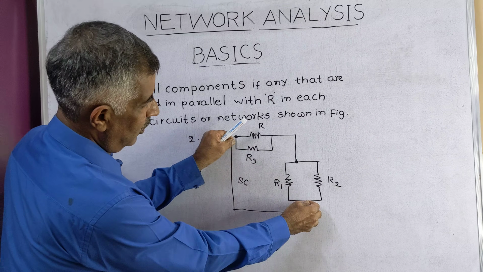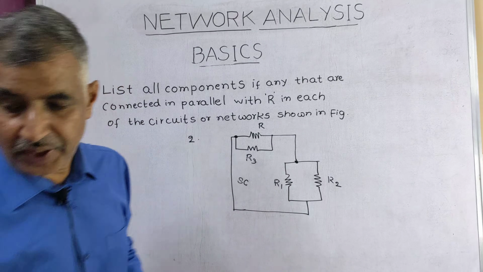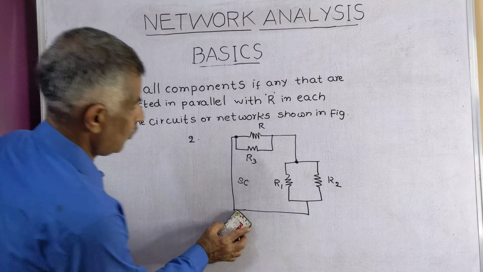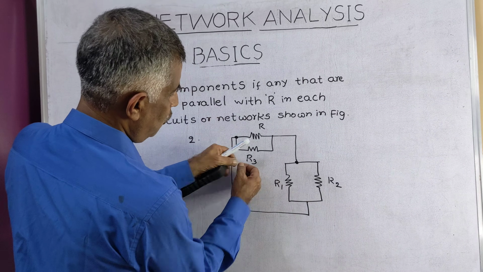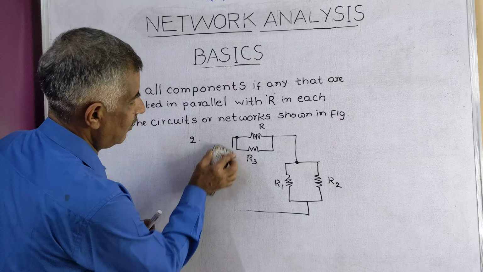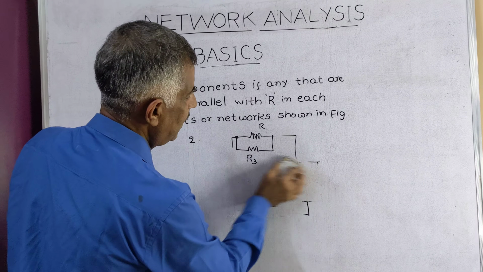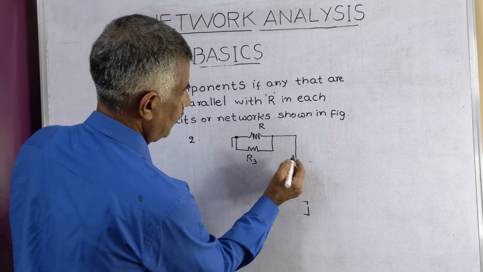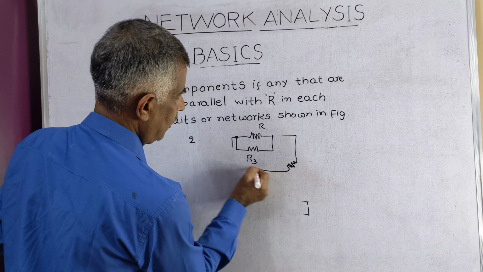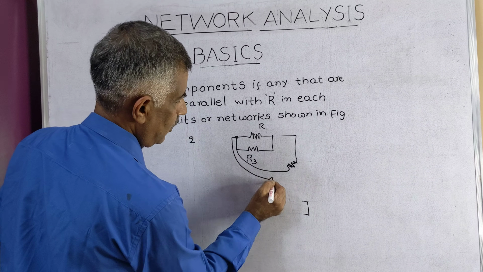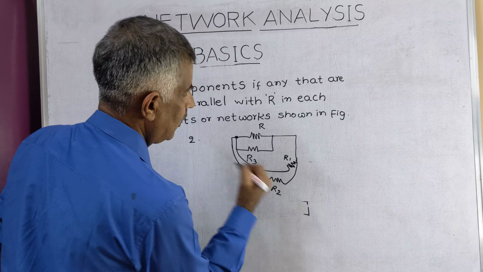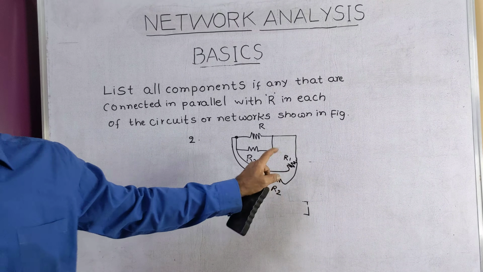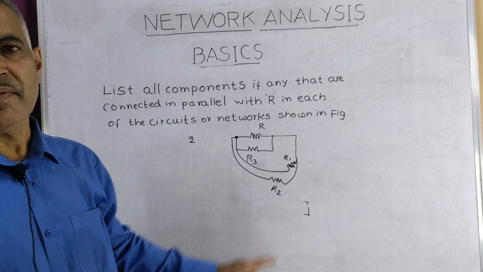Short circuit means a path of zero resistance. You can bring these two together, like this: R1, R2. Now R1, R2, R3, all the three resistors are in parallel.